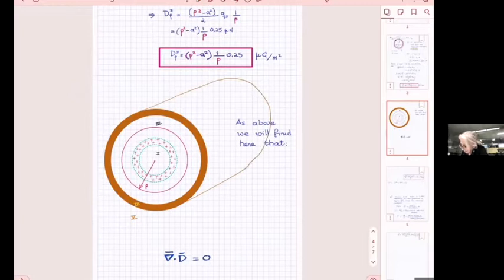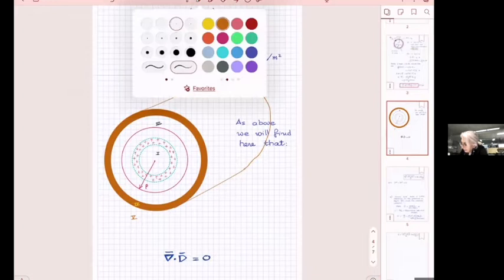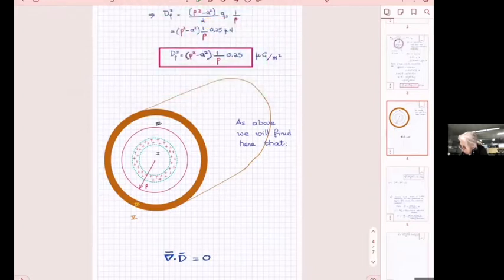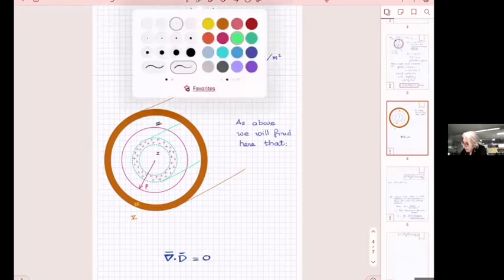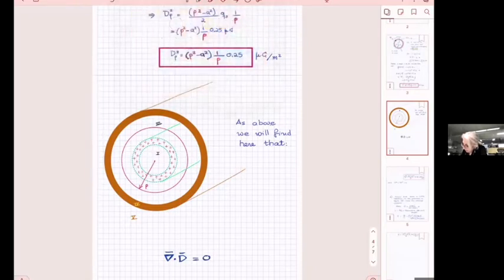And then also I'm extending this one and this one. Okay, so that's the volume that I have of this. And then this is the physical cylinder.